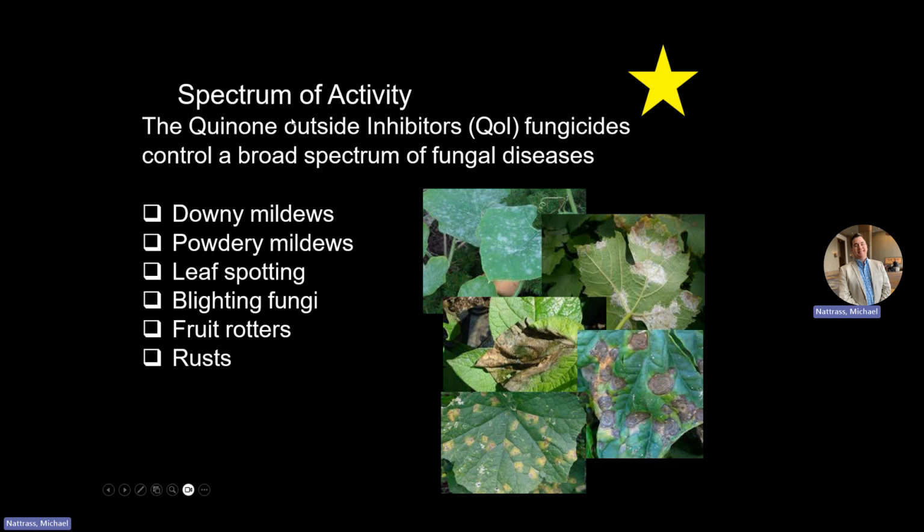Also, there are quinone outside inhibitors, QOI fungicides, and they're going to cover a broad spectrum. So these are good to have on hand so that you can spray that across your crops or your turf, and you're likely to get more robust protection against different diseases.